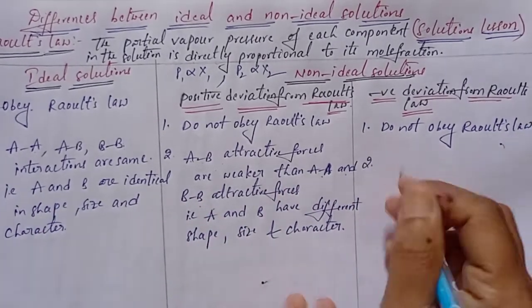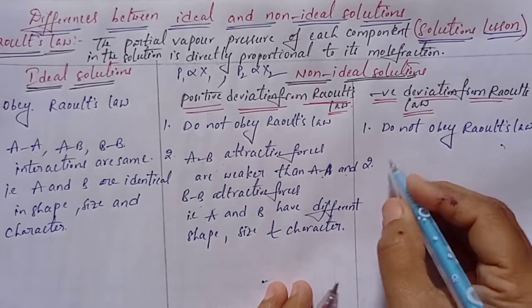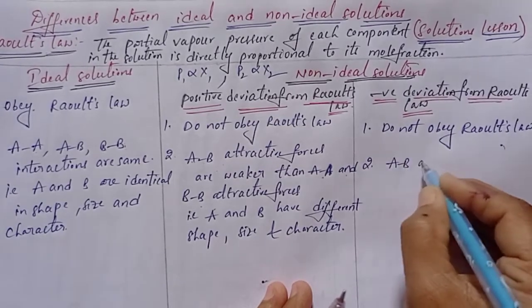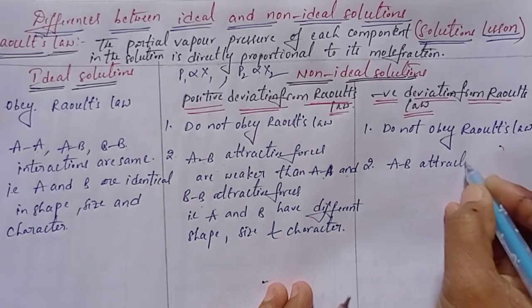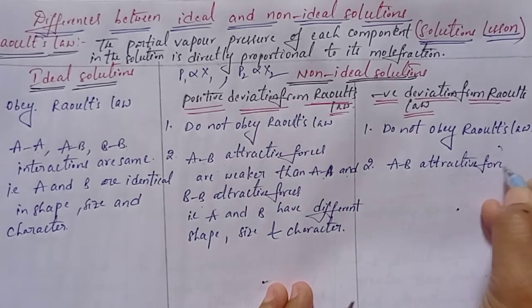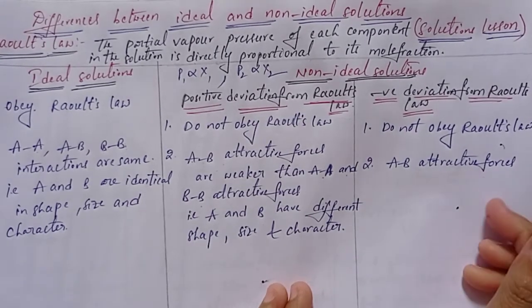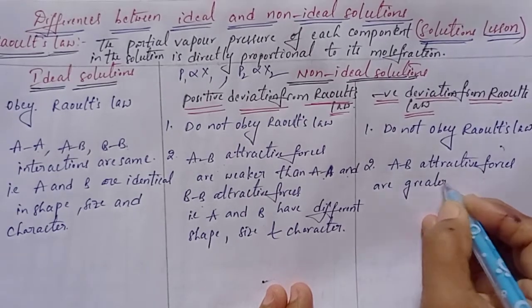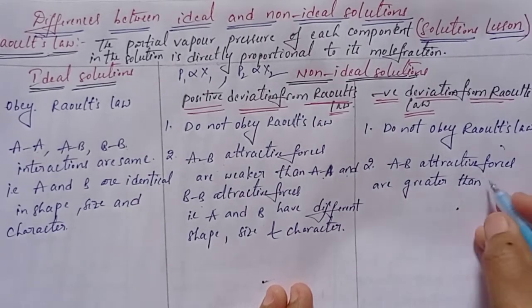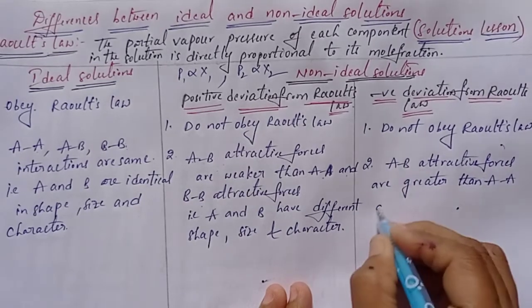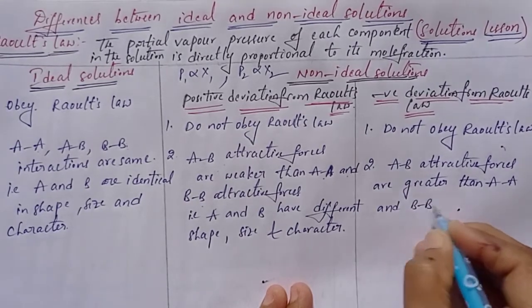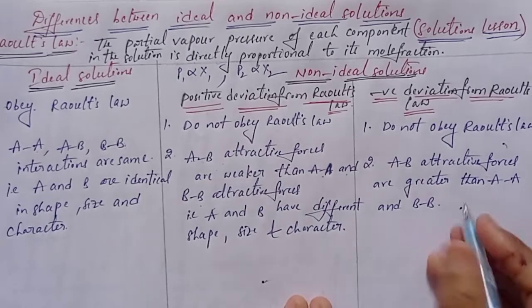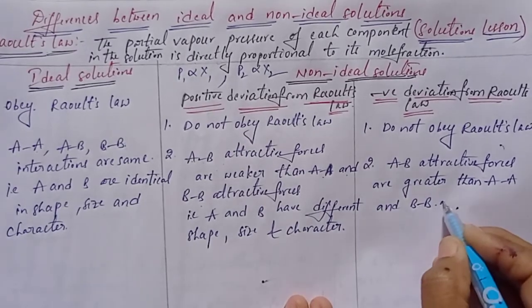Now see, students, here in this case AB attractive forces are greater than AA and BB attractive forces. Clear this one? That means here also the same thing, students.